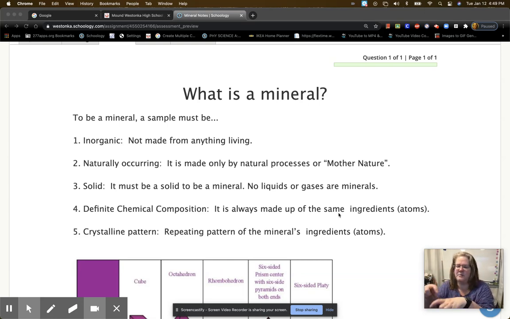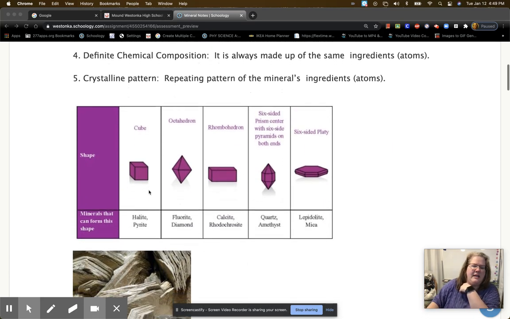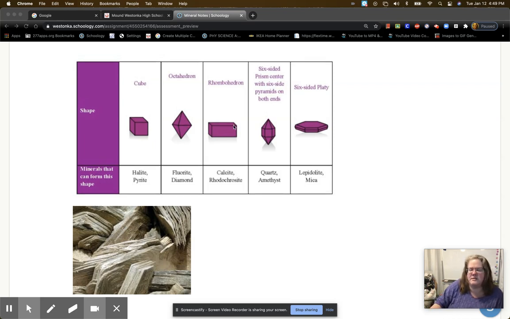In other words, those atoms will arrange themselves in a specific order, such as a cube if it's halite or pyrite, but an octahedron if it's fluorite or a diamond, or a rhombohedron, that is a long rectangular prism with nice sharp 90-degree corners, which would be calcite.